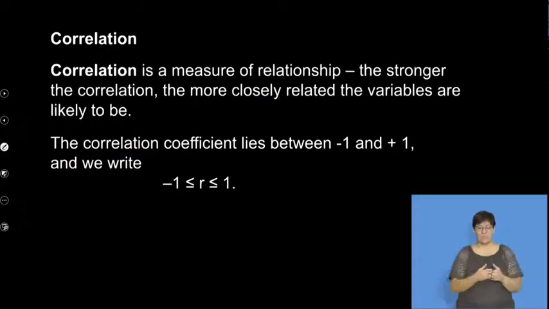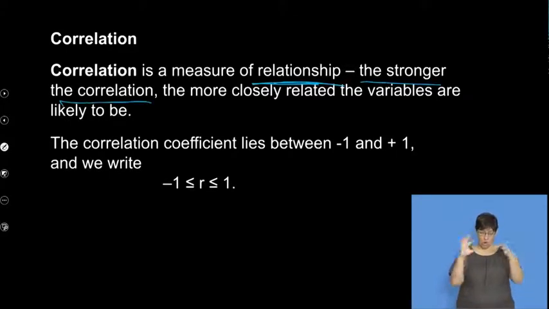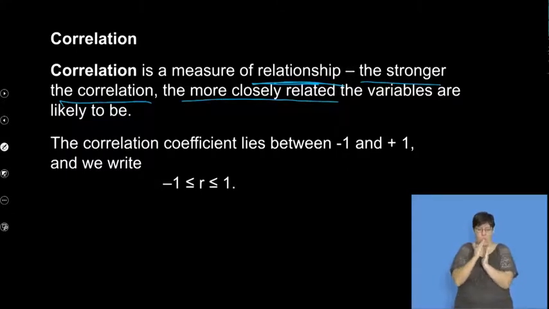So correlation is a measure of relationship. We spoke about the two variables, relationship meaning association. The stronger the correlation or the association, the more closely related the variables are likely to be, okay?